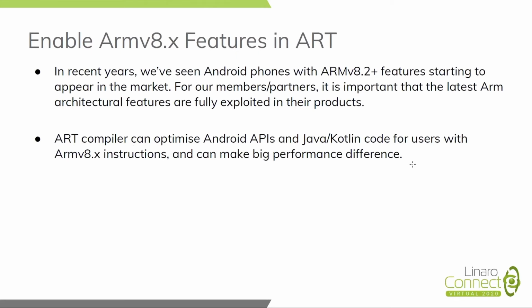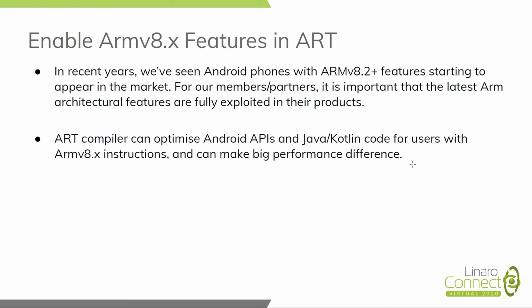Another major direction we're working on for ART is to introduce and enable more ARMv8.x features. In the past few years, we've seen Android phones with ARMv8.2 and later features start to appear in the market. I think for our members and partners, it's really important that these newest architectural features are fully exploited in their products.